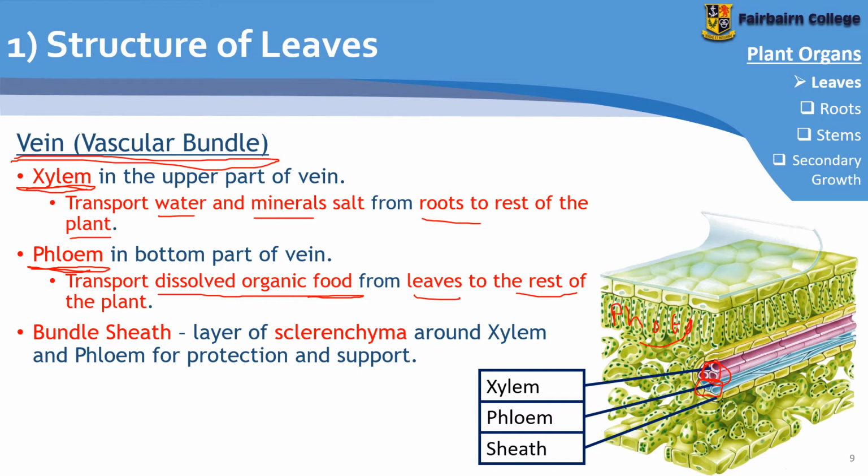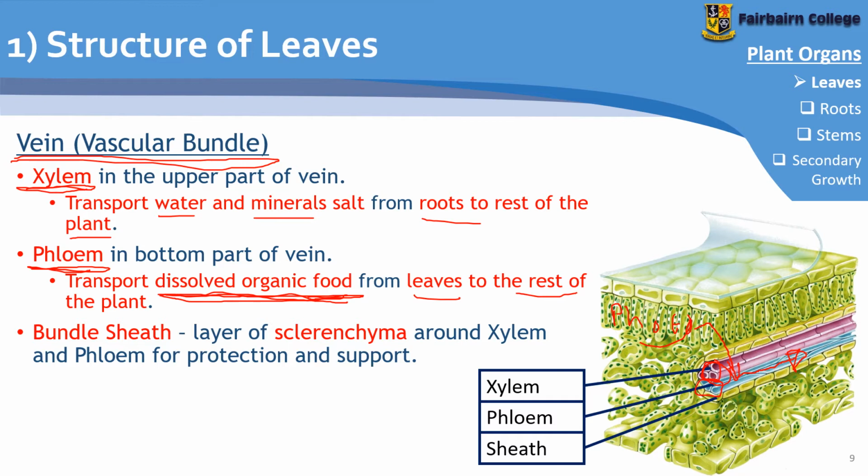Photosynthesis is going to produce glucose, and this glucose needs to be transported to the rest of the plant. The way it will get to the rest of the plant is through the phloem. This is one of the examples they refer to when we say dissolved organic food. So phloem transports these molecules that were made in the leaf to other parts of the plant.